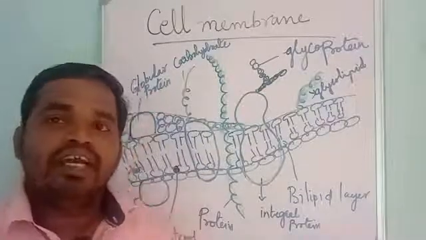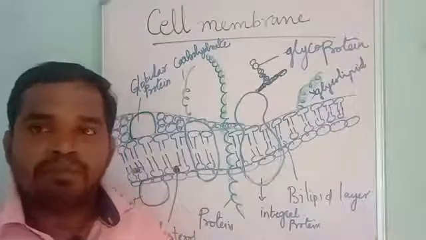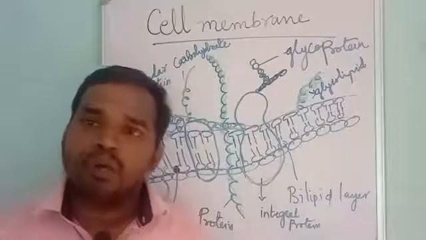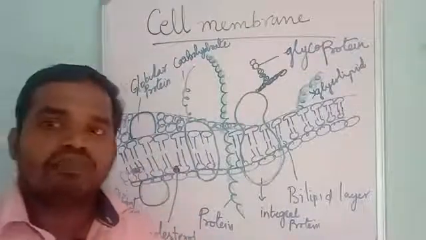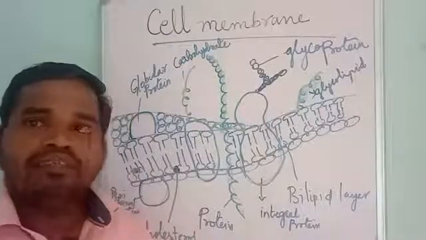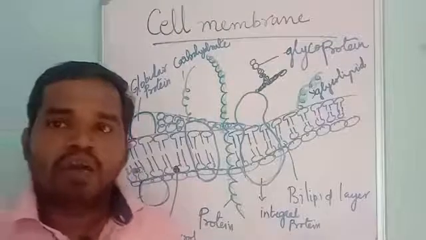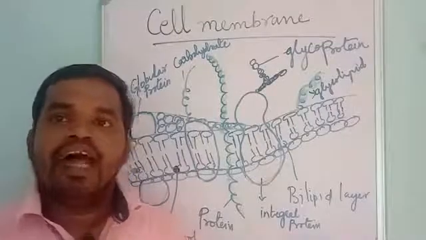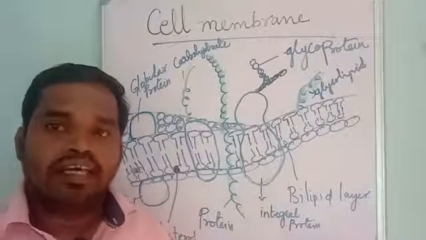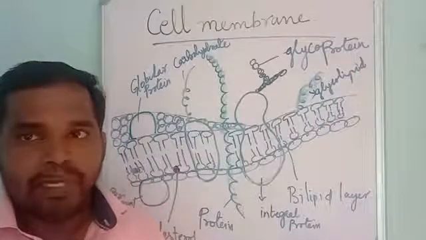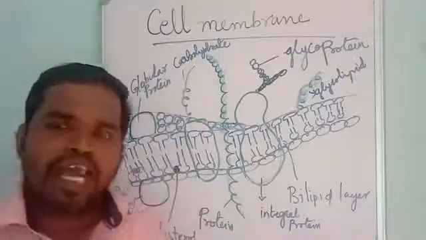One is embedded inside the plasma membrane, another one is outside the plasma membrane. The embedded protein is known as the integral protein, and the one facing the surface of the plasma membrane is called the peripheral protein. Okay, we are able to identify one more protein called the channel protein, which allows hydrophilic contents into the cell membrane with the help of the carrier protein.